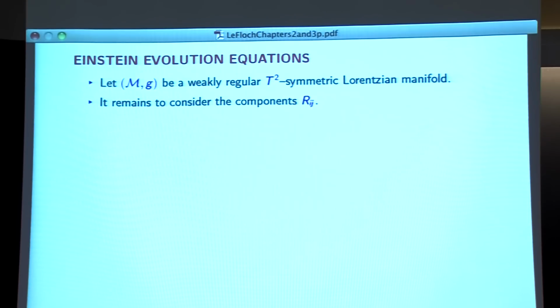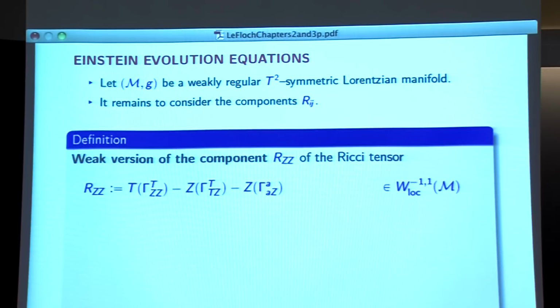So these components will give us the Einstein evolution equations. Here I'm writing the formula. I will only sketch the proof of that, but you do the calculations again for the curvature in terms of the Christoffel symbols.